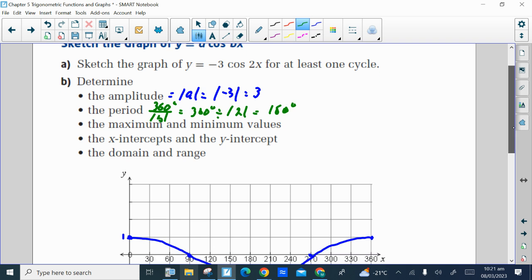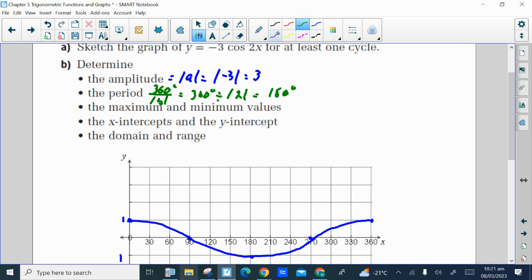So, based on those two things, we can start to build our graph. Because the amplitude is 3, we're going to go up to 3 and down to negative 3. However, because the value of a is actually negative 3, that's going to be a vertical stretch by a factor of 3 and a reflection over the x-axis.